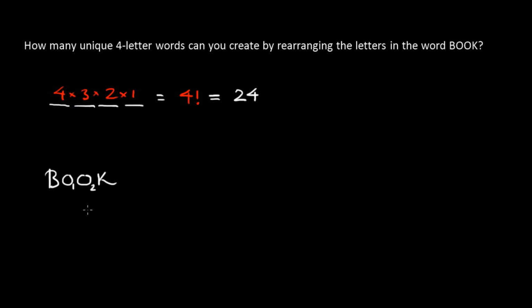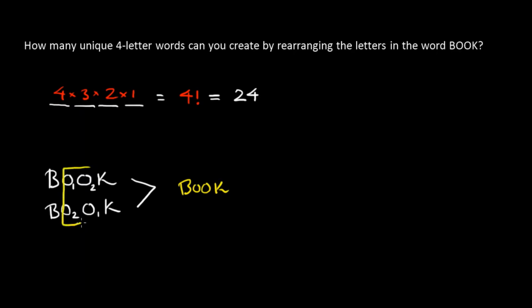Of course we can't. So if I were to spell book with the first O in the second position, or the first O in the third position, or I guess I should say O subscript 1, these spell the same word. Of course that's still going to be B-O-O-K.